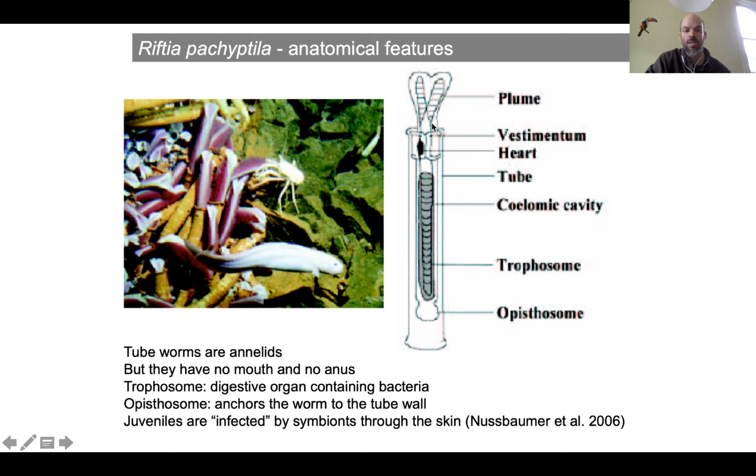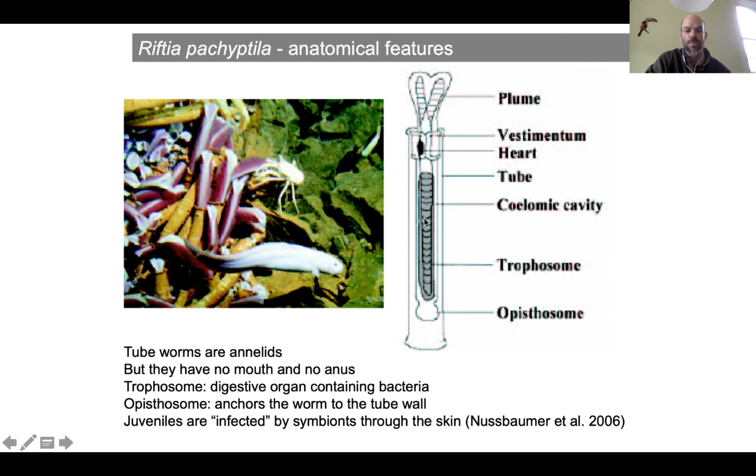So the only way that they can bring in nutrients is through these red plumes that look like lips. But it's not a mouth in that the mouth does not move to capture food. Instead, the plume contains, again, red blood that captures hydrogen sulfide and brings the hydrogen sulfide through the blood into the body of the worm.